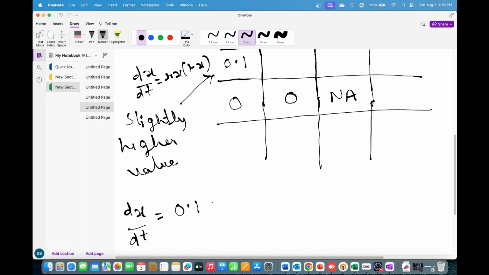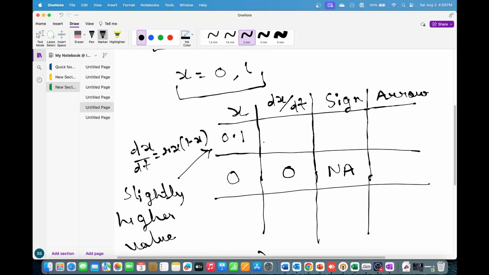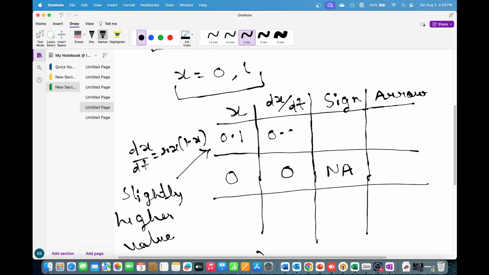So 0.1 into 1 minus 0.1, so 0.1 into 0.9. If you multiply that, it becomes 0.09. So the value of your dx dt is positive 0.09.